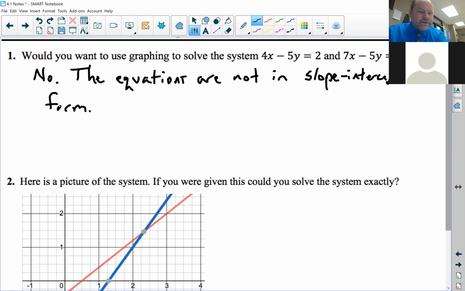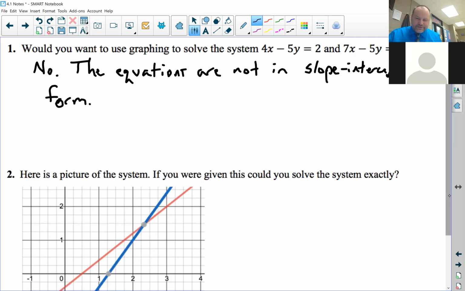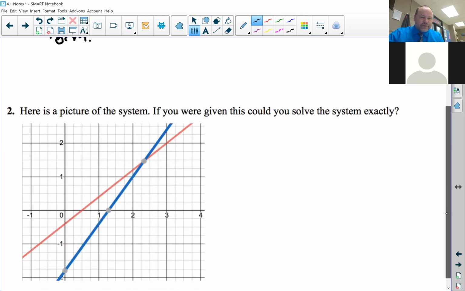It just wouldn't be as easy to do. Yeah, there you go. Excellent. Someone actually put in the chat that we could if we wrote them in slope-intercept form, and that's exactly true. All right.